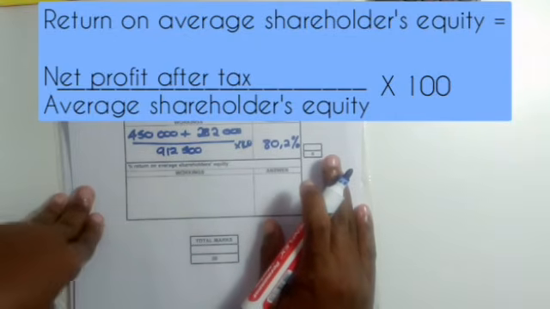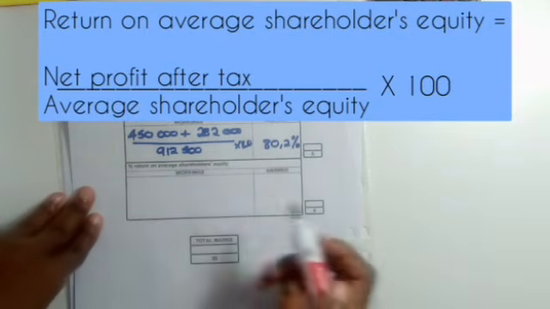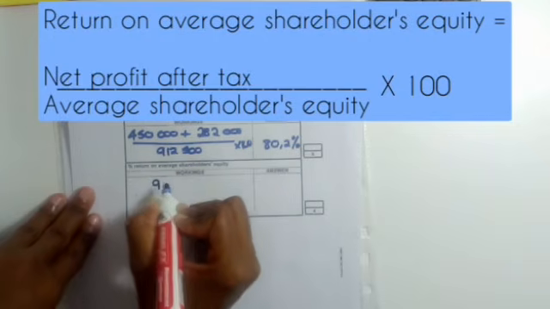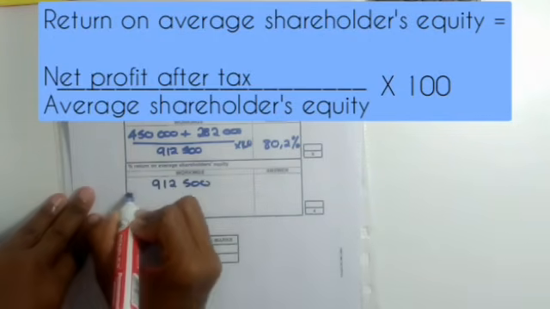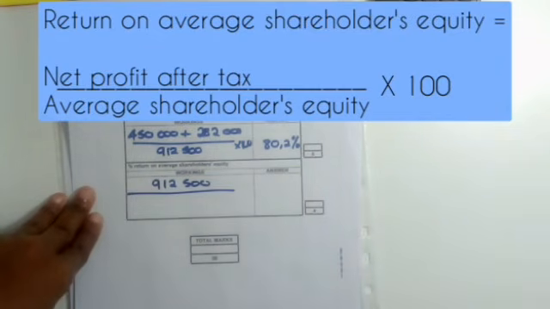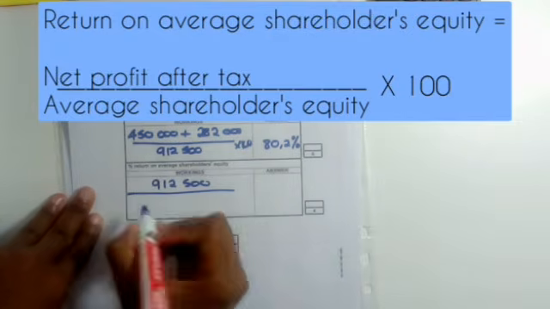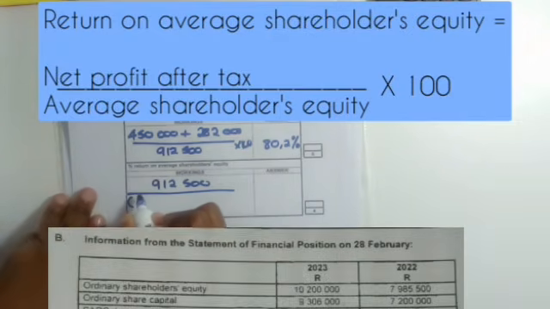Its formula is net profit after tax all over average shareholders' equity. So net profit after tax, we already know from information D, is 912,500, all over average. When they say average, it means you're going to take 2 years, add them together and divide them by 2. So in bracket, you will take the shareholders' equity of 2023 and 2022 and add them together.